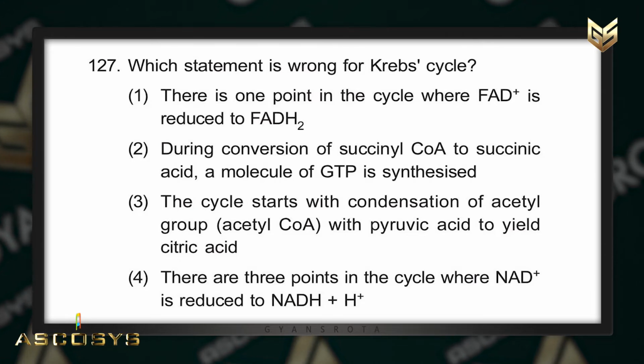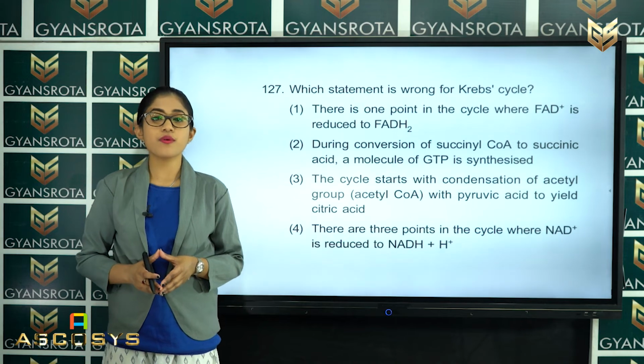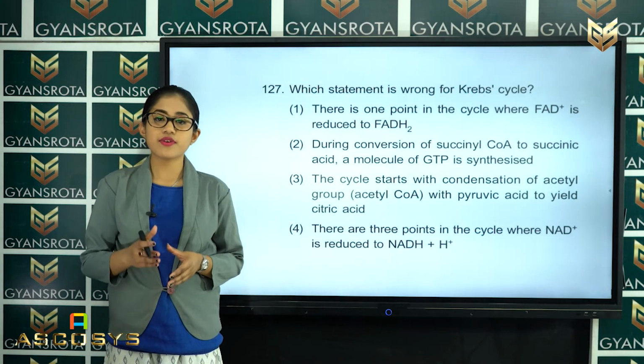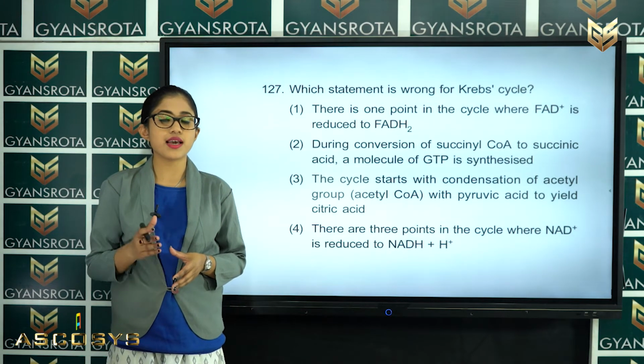Option number 3 is the cycle starts with condensation of acetyl group, that is the acetyl coenzyme A, with pyruvic acid to yield citric acid. And the fourth statement is there are 3 points in the cycle where NAD plus is reduced to NADH plus H plus. So, this question has been given from the chapter respiration in plants.